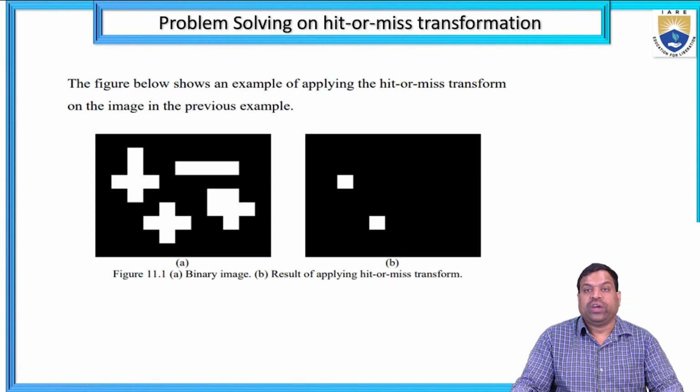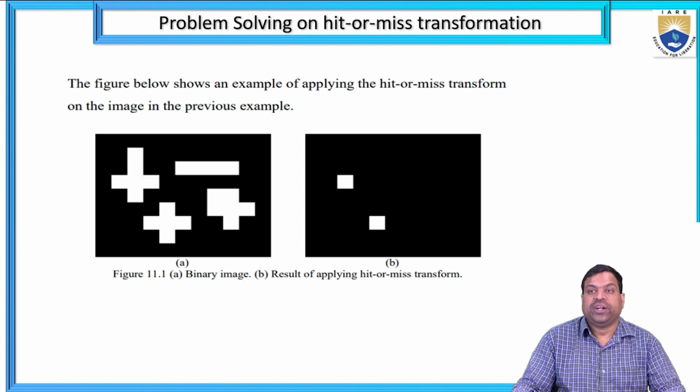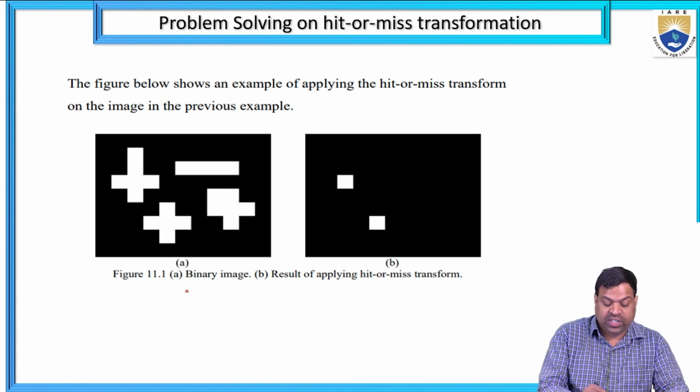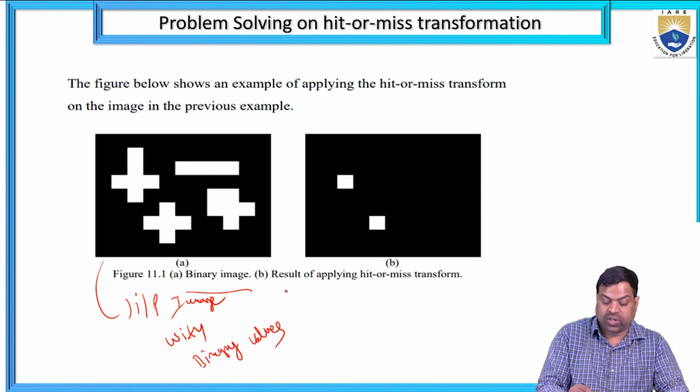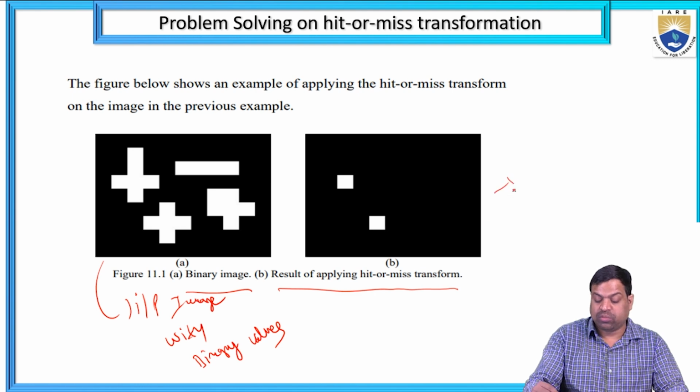The below figure shows an example of applying the hit or miss transform on the image in the previous example. From the previous example, what is the final image? It is a binary image. Okay, it is the input image. Okay, the result of applying the hit or miss transform.